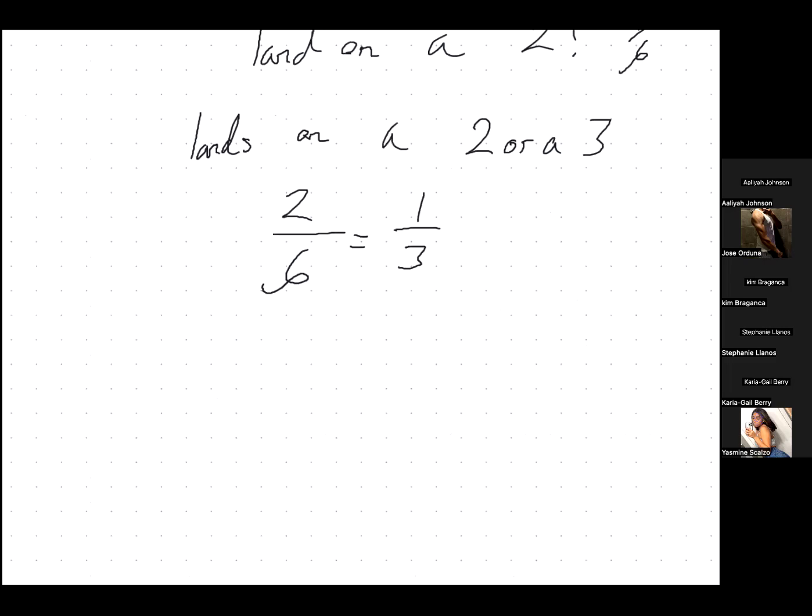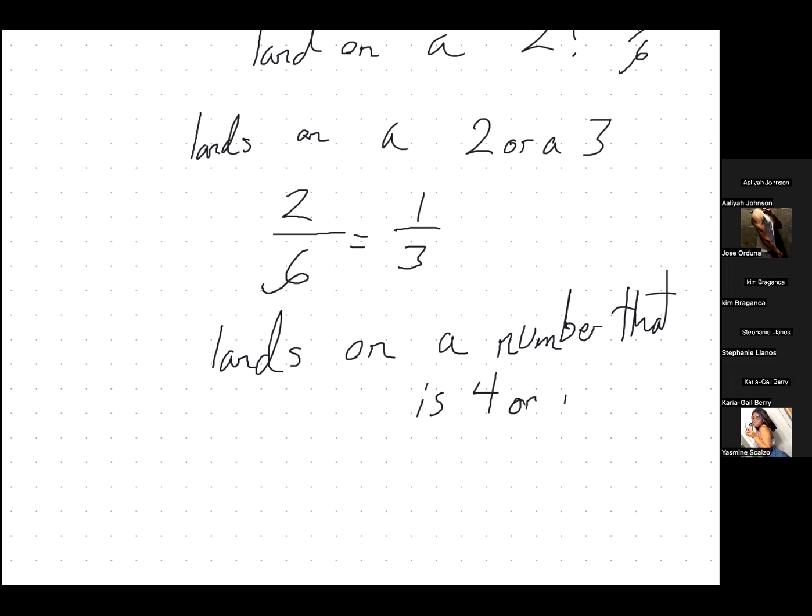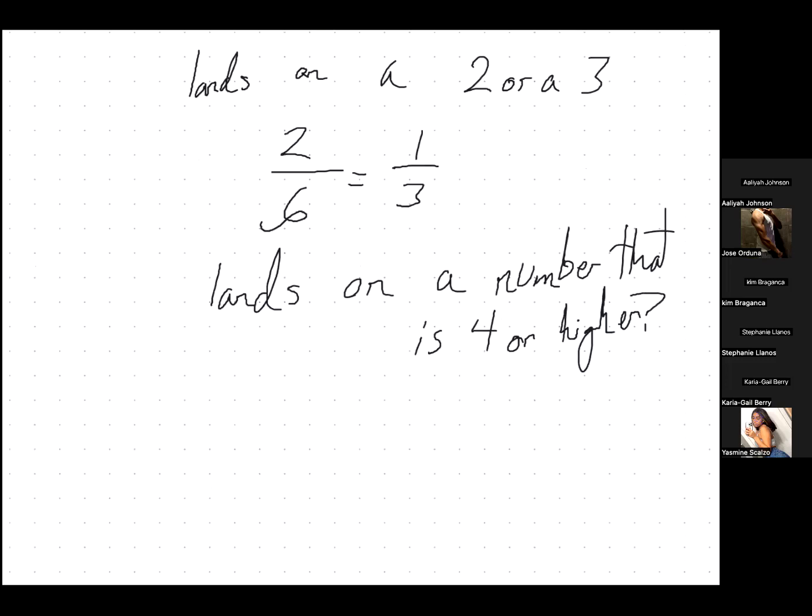Now I'm going to ask you, what is the probability the dice lands on a number that is 4 or higher? What is the probability the dice lands on a number that is 4 or higher? Now that's me asking you.